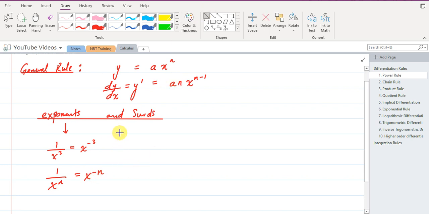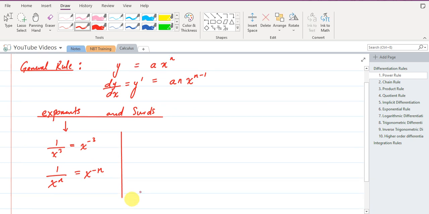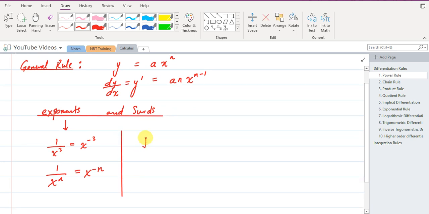And surds is just basics. If you have the square root or nth root of x to the power m, it becomes x to the power m over n, inside over outside. What happens if we have this in the denominator? Example, cube root of x squared.